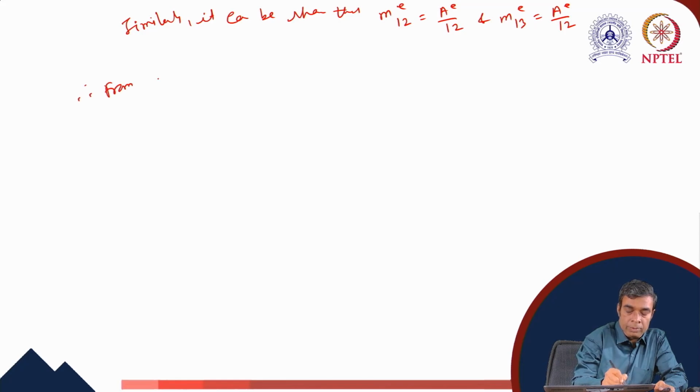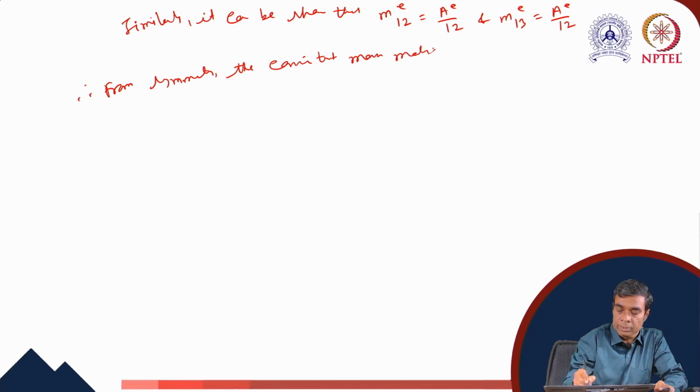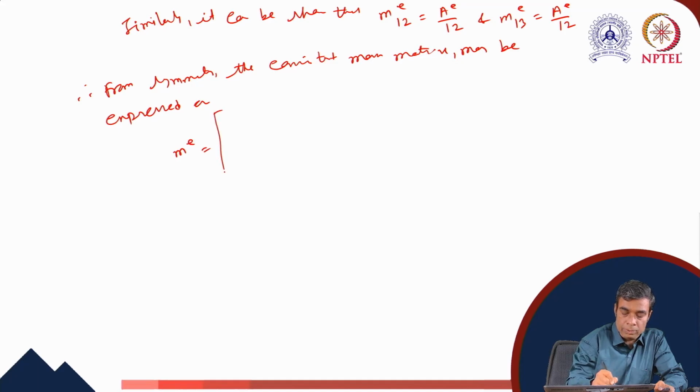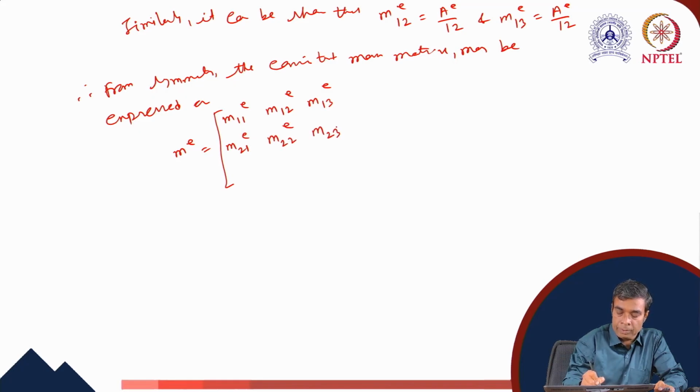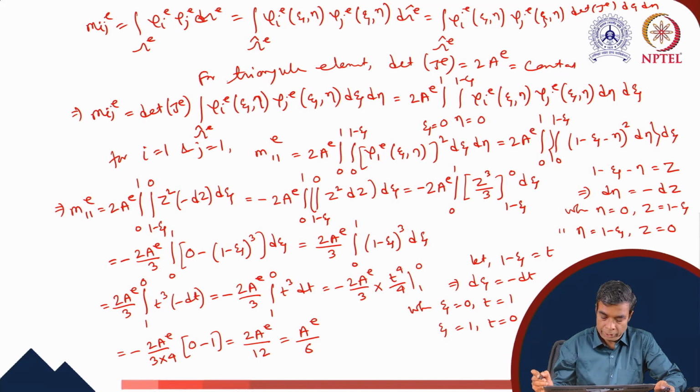Therefore, from symmetry, the consistent mass matrix may be expressed as Me equals M11e, M12e, M13e, M21e, M22e, M23e, M31e, M32e, M33e. So our M11e was Ae by 6.